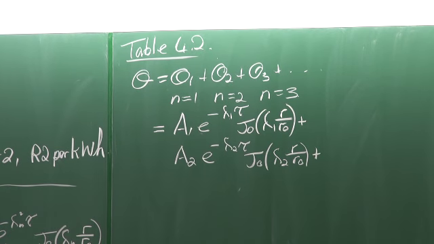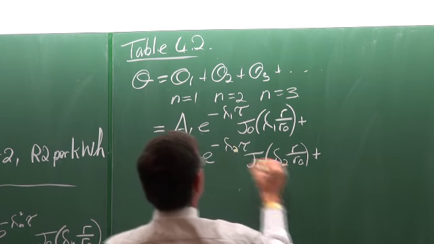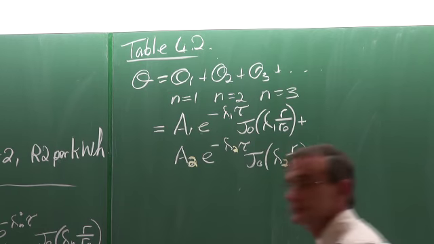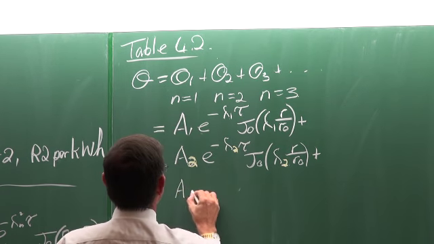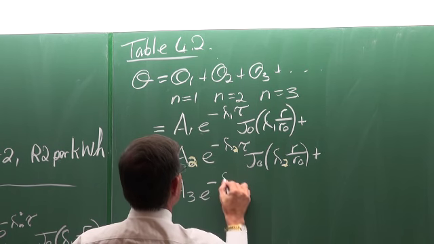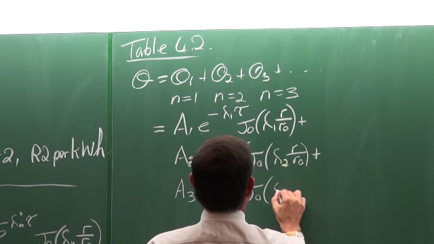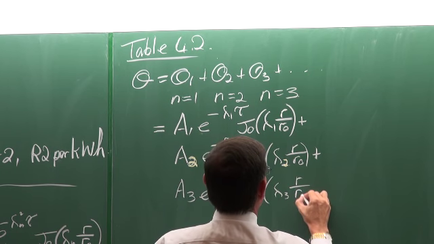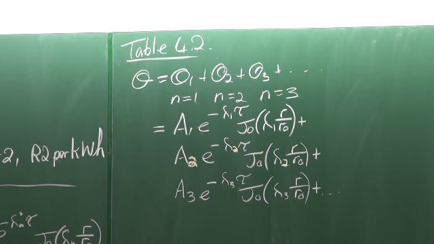And the third one, the same: A3 e to the minus lambda 3 squared tau J0 of lambda 3 r divided by r0, etc.